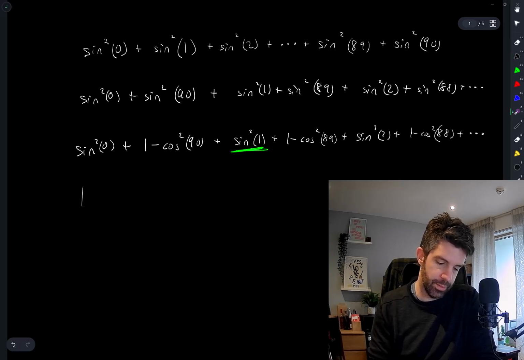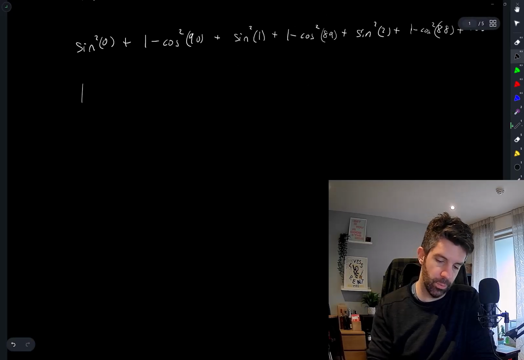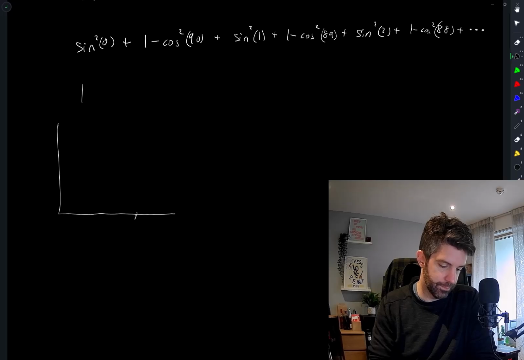Sine squared of 1 and cos squared, sine of 1 is equal to cos of 89. If you think about what these functions look like, so that's 90 or pi over 2. Sine looks like that. Cosine looks like that.